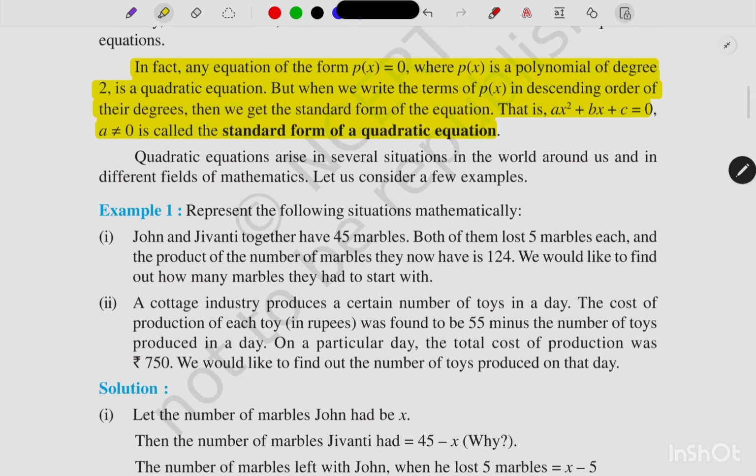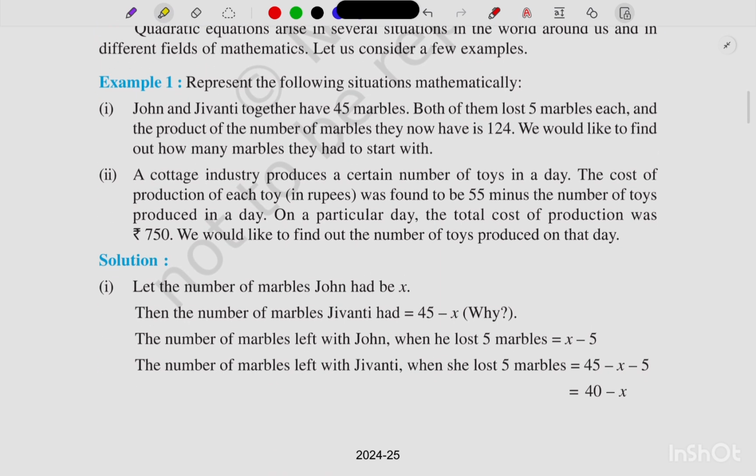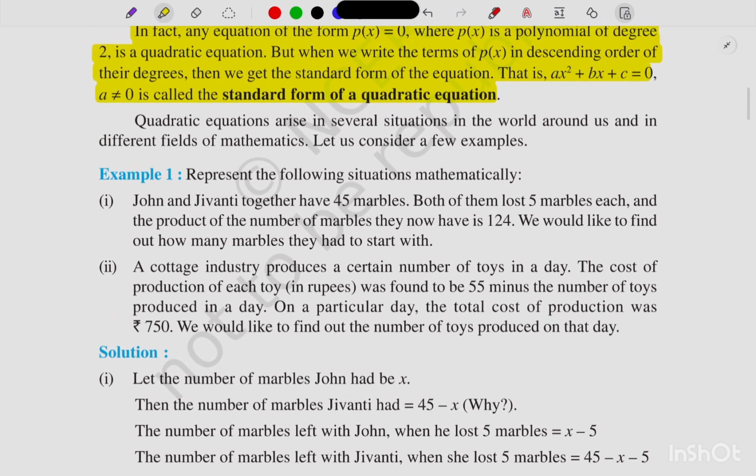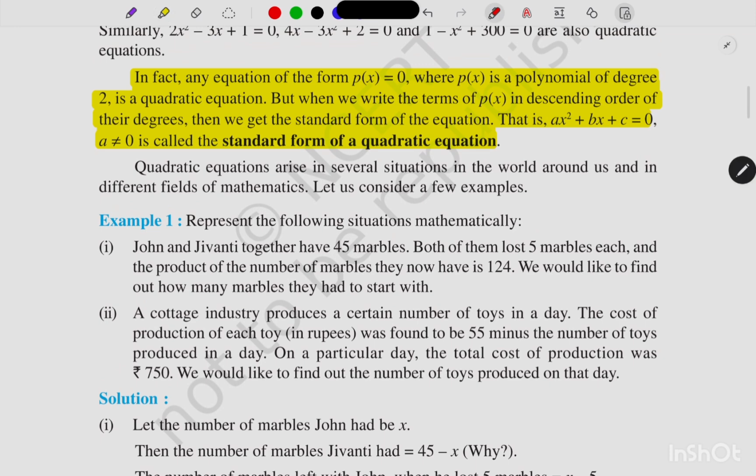Now, quadratic equations arise in several situations in the world around us and in different fields of mathematics. So let us consider a few examples. Here are a few examples and we shall be doing the solution here. Represent the following situations mathematically.